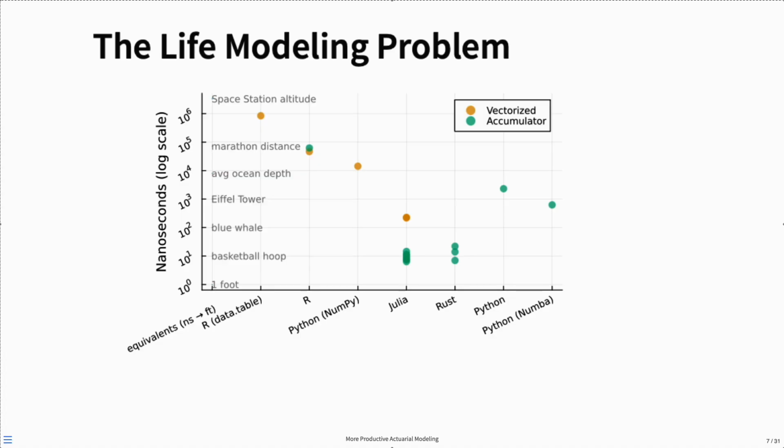So the first benchmark is called the life modeling problem. This was actually proposed on an actuarial open source group on LinkedIn.